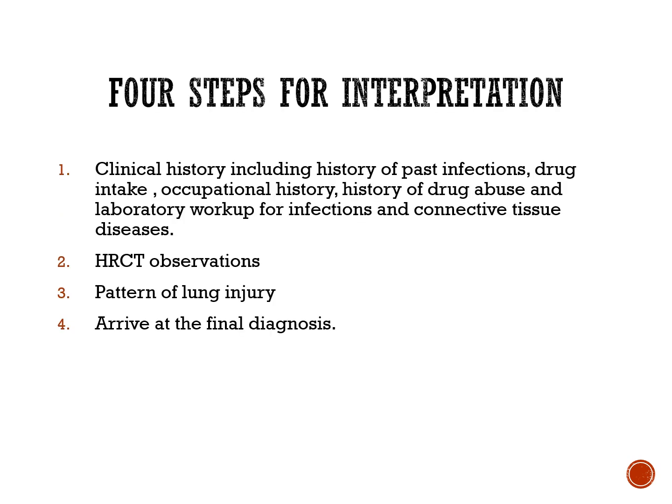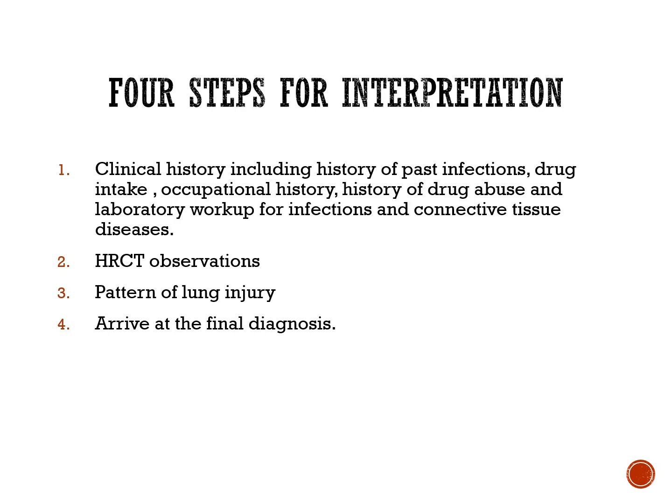To achieve our objectives, not only do we have to carefully examine the sections of the tissue biopsy sample, but also take into account the clinical history, including history of past infections, drug intake, occupational history, history of drug abuse, and laboratory workup, especially for infections and connective tissue diseases. Number two, you have to look at the HRCT observations.